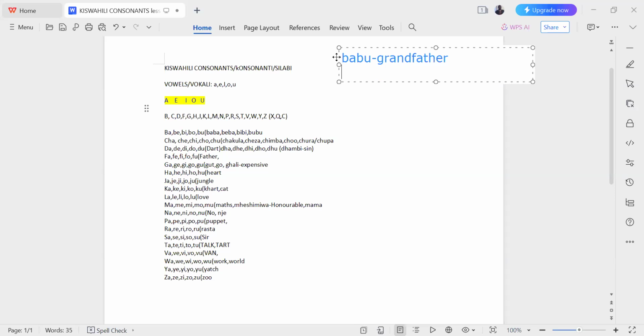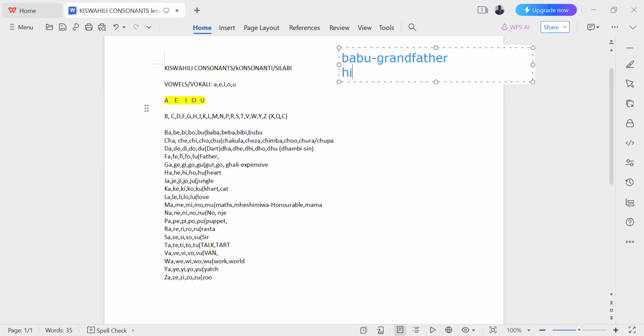Yeah, grandfather is Babu. When we read the N, I said sometimes N can come with a Y, but we want to do the simple ones because we'll be advancing slowly as you master them. There's also another word you can try to mix here. If you take the H, for example, you see the HI, he.